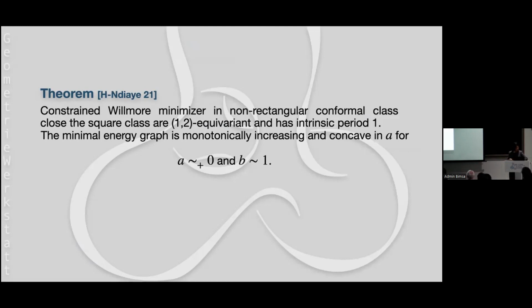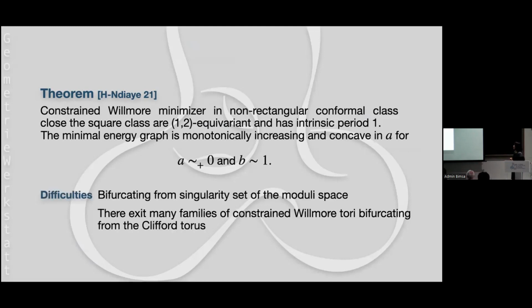Okay. Some difficulties we are facing: in the previous work, Cheh and Rainer Schätzle used an implicit function theorem argument. And now we have a zero of the differential. It's not invertible. We need to use bifurcation theory. And moreover, it's from a singularity set of our moduli space.